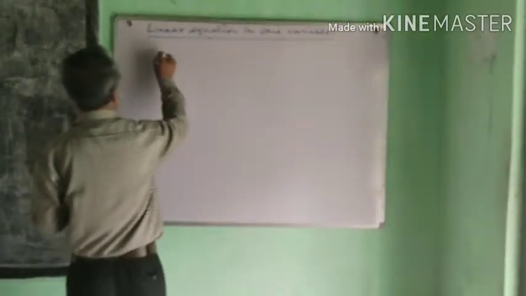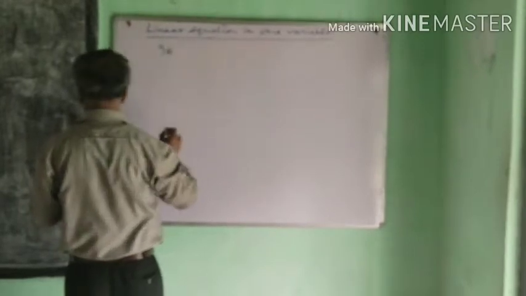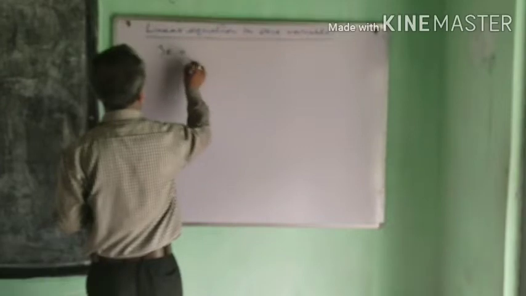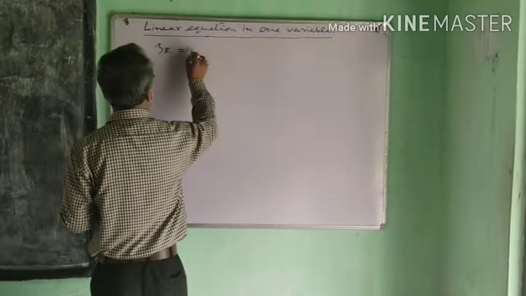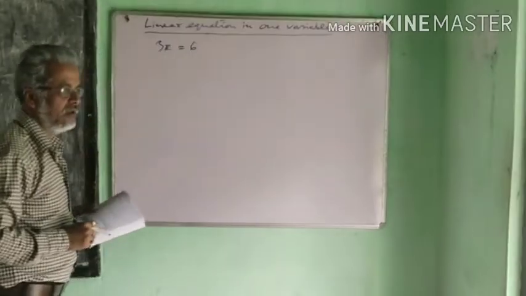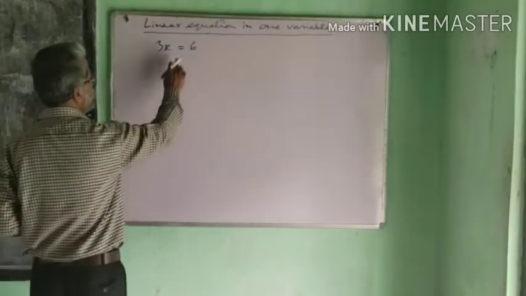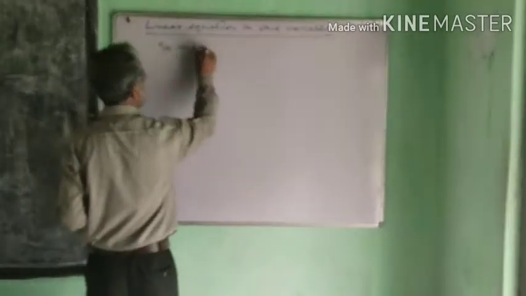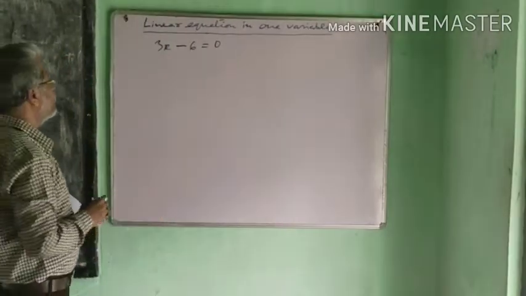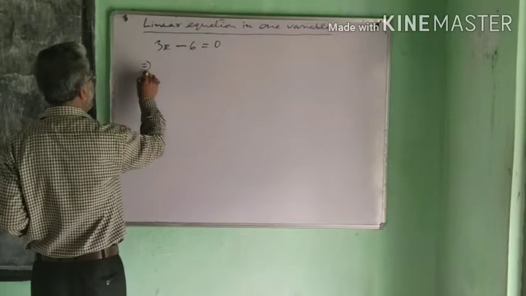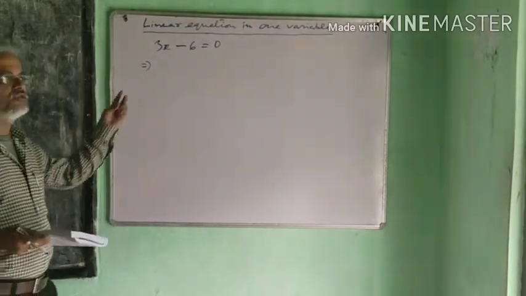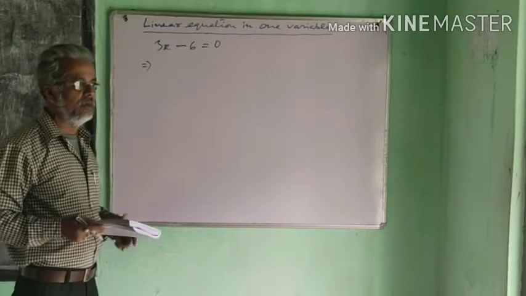Suppose there is an equation 3x is equal to 6, or rather 3x minus 6 is equal to 0. How to solve this equation? Solution means to find the value of the variable.